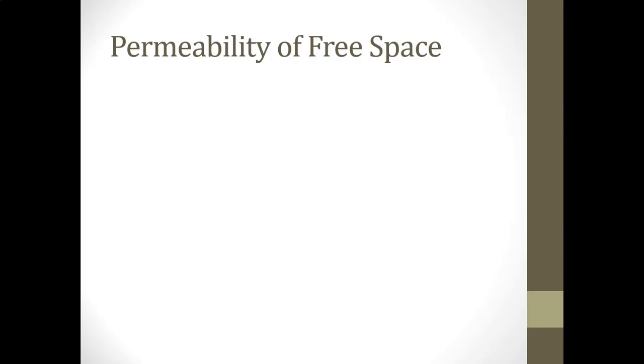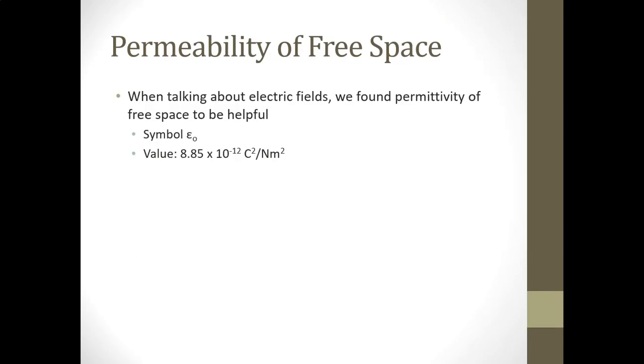Now, what I want to talk about next is what I call the permeability of free space. The permeability of free space is a similar concept to the permittivity of free space. Remember, when we were talking about electric fields, we had this value epsilon 0, which had a really small value, and it talks about how the electric field travels through free space.